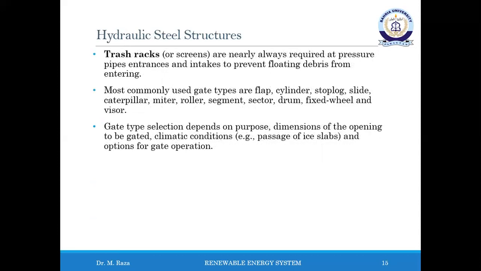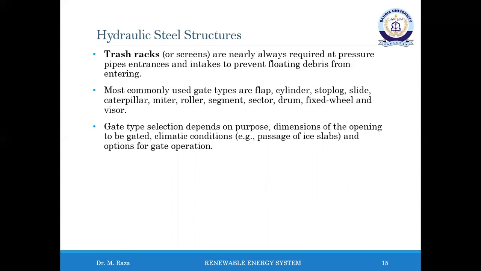Trash racks are nearly always required at pressure pipe entrances and intakes to prevent floating debris from entering. Today, the most commonly used gate types are flap, cylinder, stop log, slide, caterpillar, wagon, roller, segment, sector, drum, fixed wheeled, and visor.